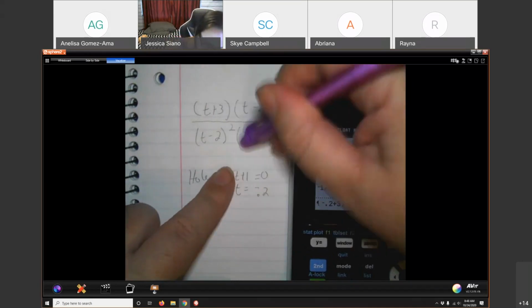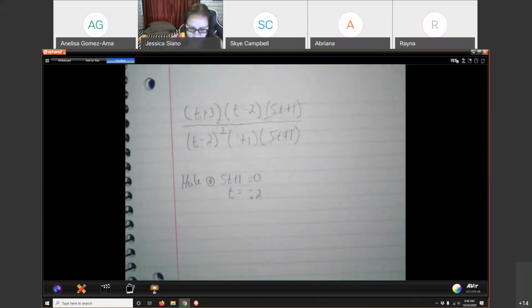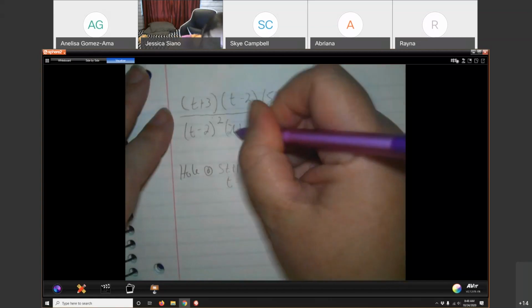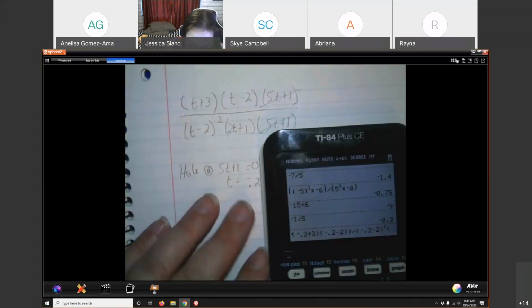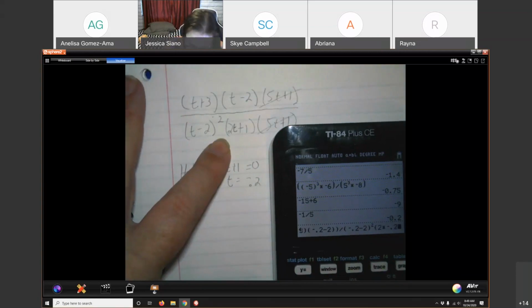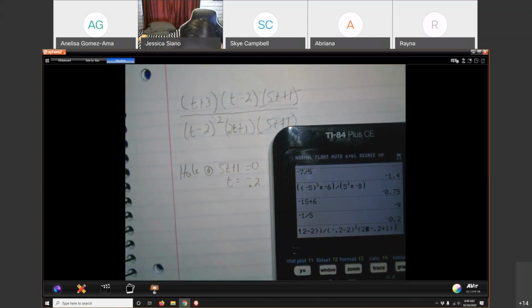Should be a t. Right? Oh, it was 2t plus 1. 2t plus 1. I'm missing an open parenthesis over here.